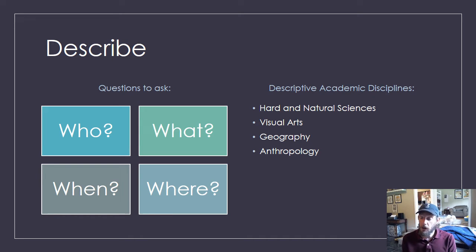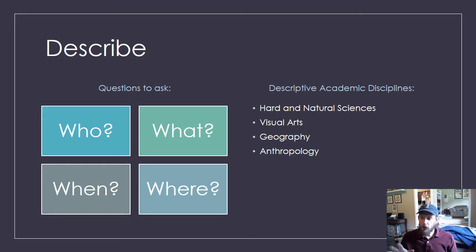So the hard and natural sciences are very descriptive. We want to know how that process happens, like the life cycle of a frog from an egg to a tadpole. It sprouts legs, loses the tail, becomes a frog. Visual arts, all right?